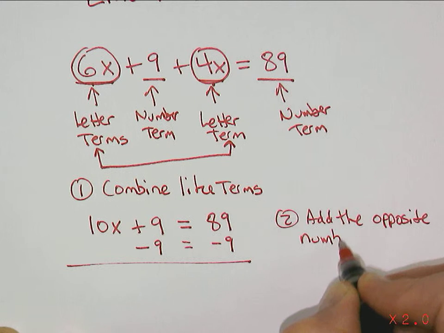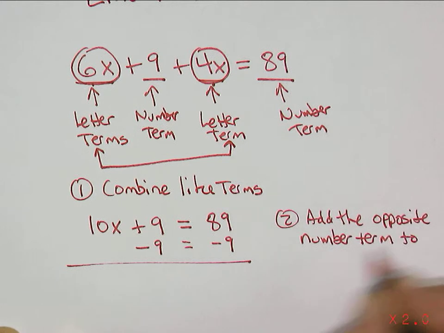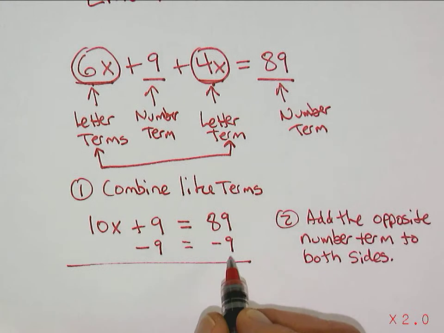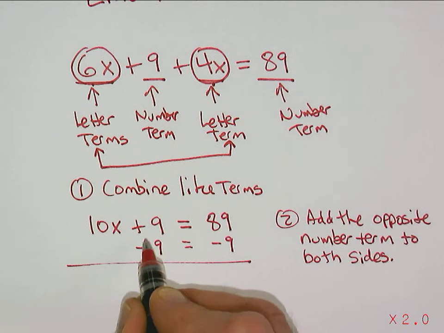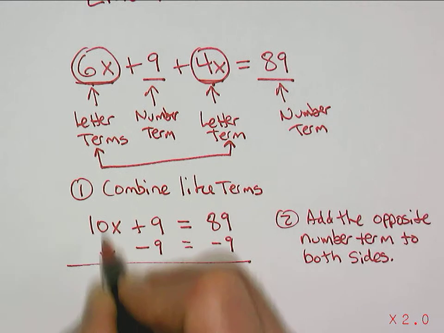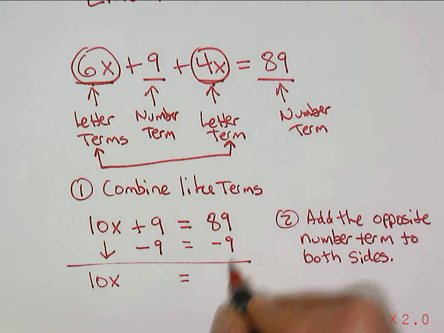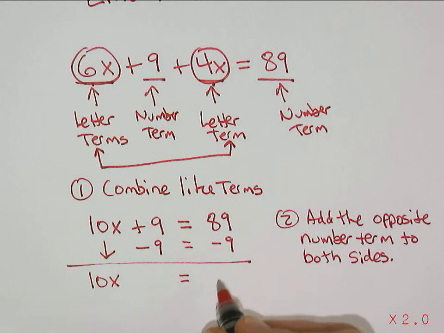Now that I've combined the like terms, all I need to do is treat this like a 2-step, add the opposite number term to both sides. So I've added a negative 9 to both sides. That's the opposite of positive 9. I haven't done anything to the letter term over here. And so now I have 89 and a negative 9 combined makes 80.